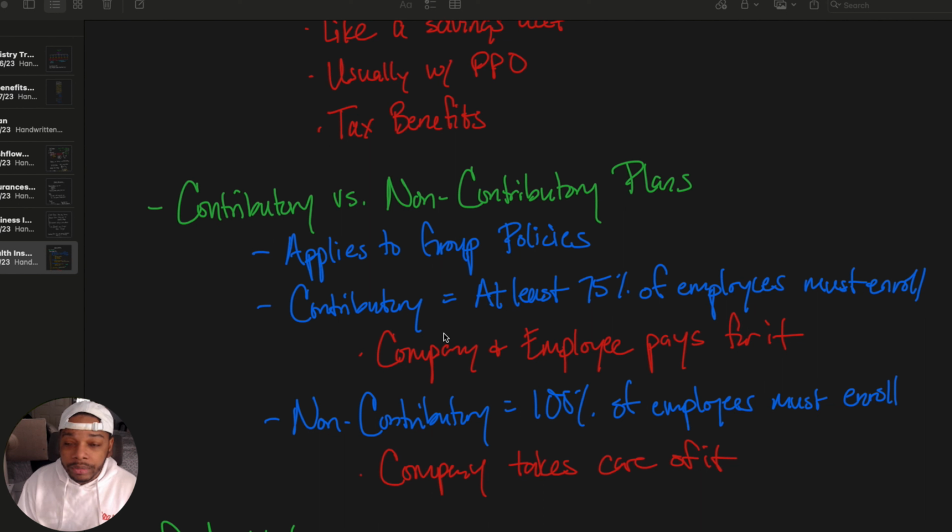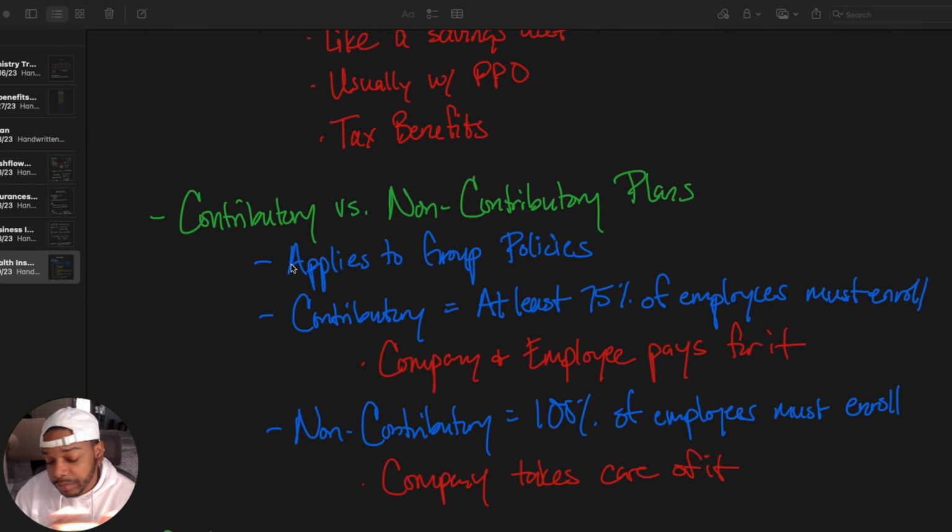But there are jobs out there where all of the health insurance is covered. For our team, we are actually on a non-contributory plan, but this is usually how it works. This is usually for group insurance policies. So if you have a business, you would have a group insurance to take care of your policies. This is if you want to give your team benefits, pretty much, right?